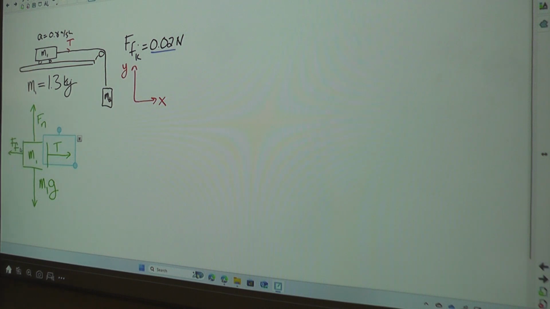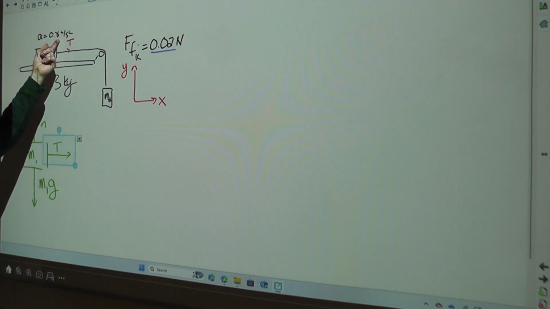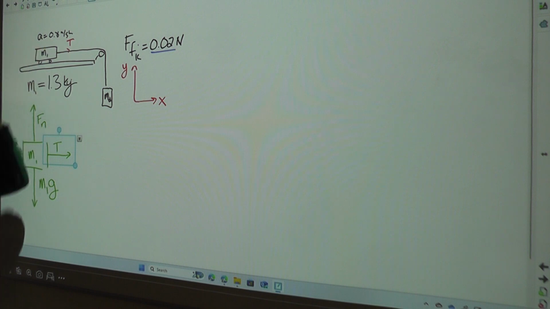So because of that, we know that there's going to be a force of friction opposite the direction of motion. I also know that the tension force is going to be greater than the force of friction. I know that because it's accelerating. We want it to accelerate to the right at not quite 1 meter per second squared. If these two forces were equal, it wouldn't be accelerating.